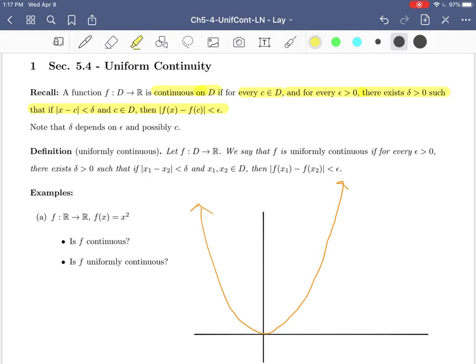Notice that the choice of delta depends on the value of epsilon. It also might depend on the value of c as well.